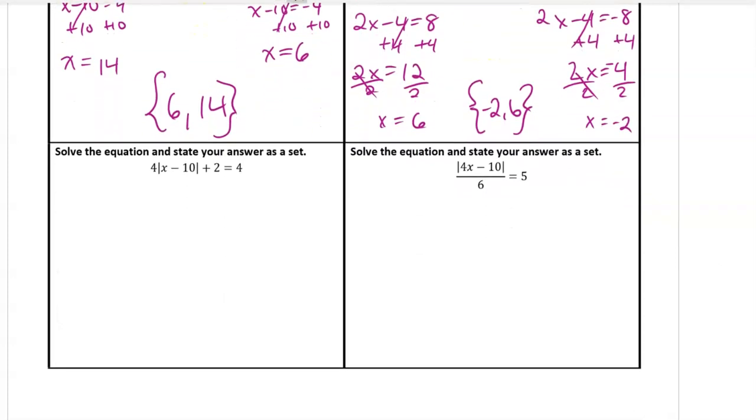All right, moving down. We need to isolate the absolute value. Our first step in isolating would be to subtract 2. We still need to isolate. There's still that 4 in front. So let's divide by 4.